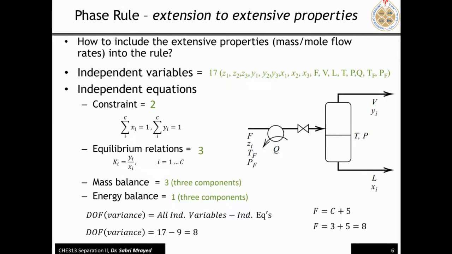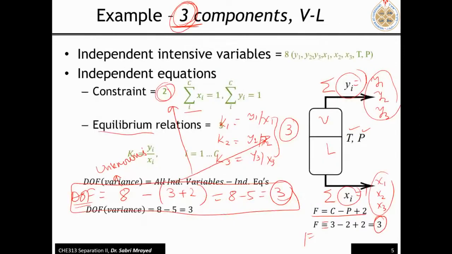You will probably have your feed, you heat your system to some temperature, and then you want to separate vapor and liquid. According to the phase rule, this is the derivation for the extension. This one is not the same as the one we already know. You have a different equation. Why do we have a different equation?